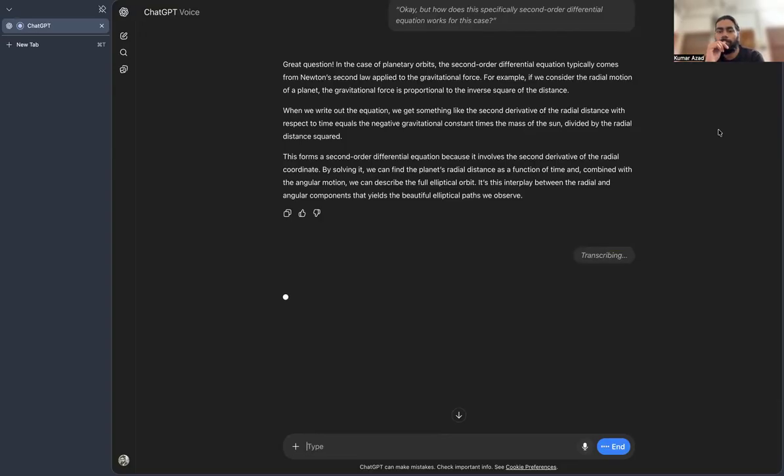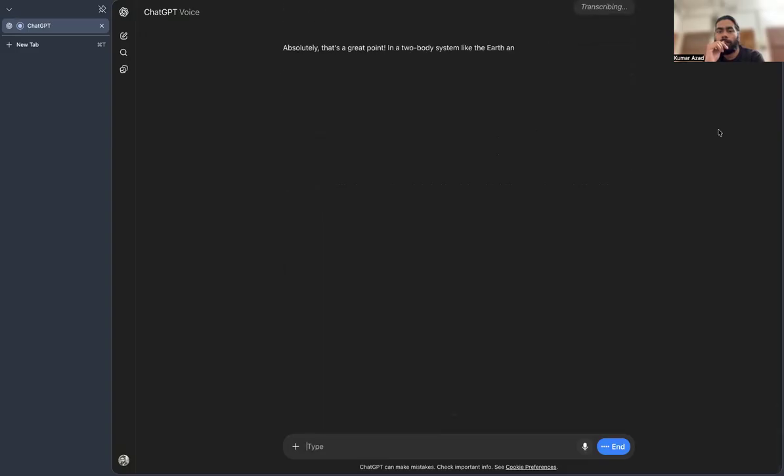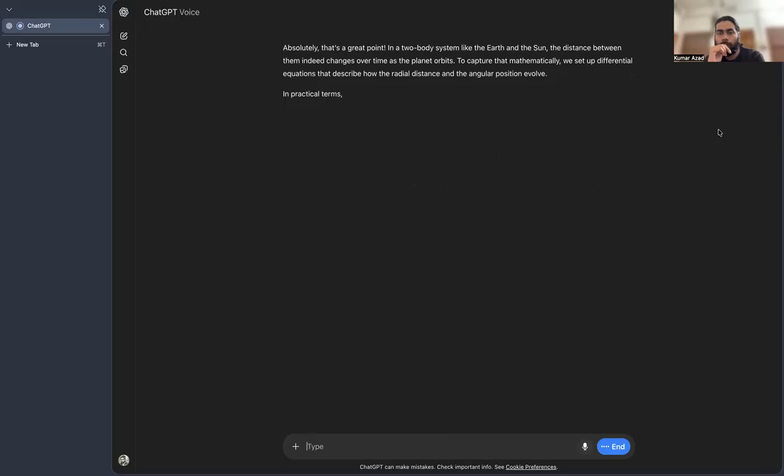Absolutely, that's a great point. In a two body system like the Earth and the Sun, the distance between them indeed changes over time as the planet orbits. To capture that mathematically, we set up differential equations that describe how the radial distance and the angular position evolve. In practical terms, we break the motion into two components, the radial component and the angular component.